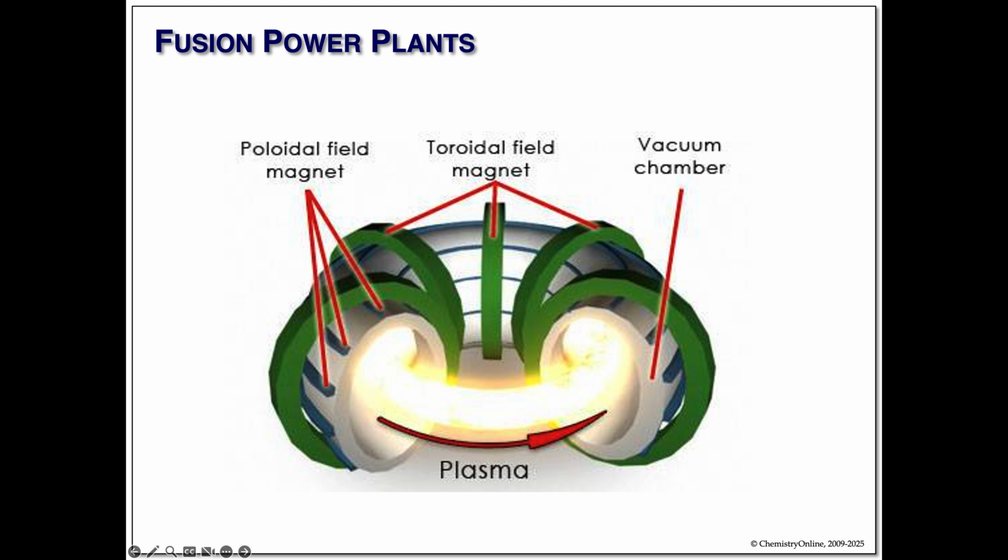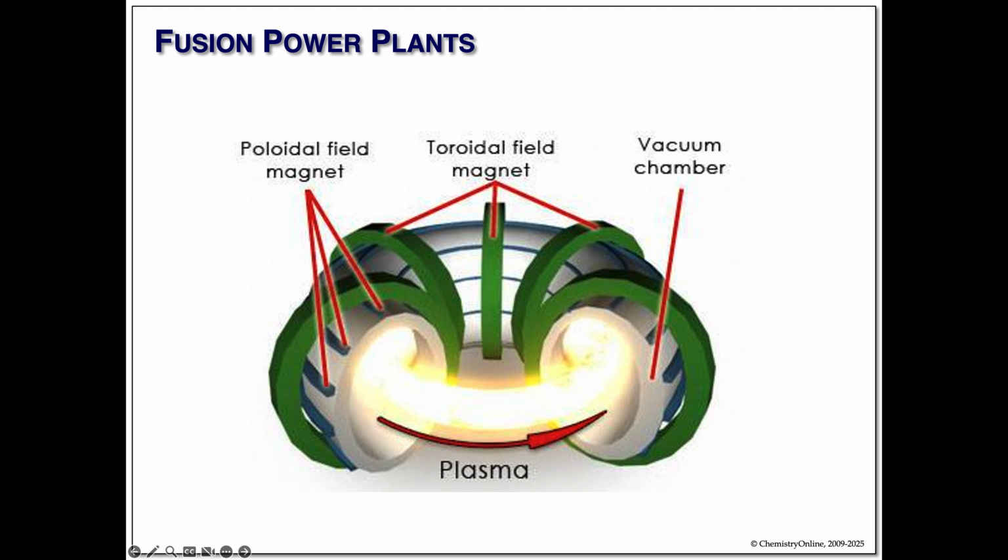Plasma is charged. If the plasma touches the outside walls, it is so hot, it will melt right through. So, you take the charged plasma, surround this thing with magnets, it compresses it in the middle, and we wind up with plasma in the middle.